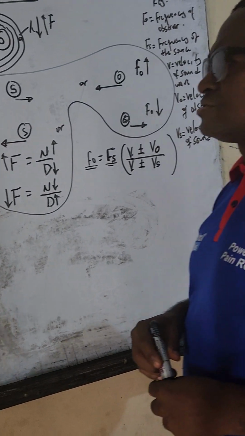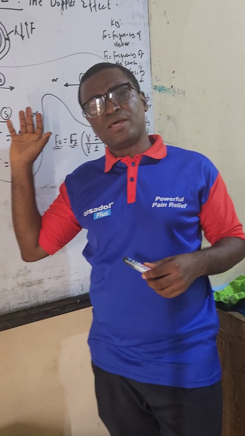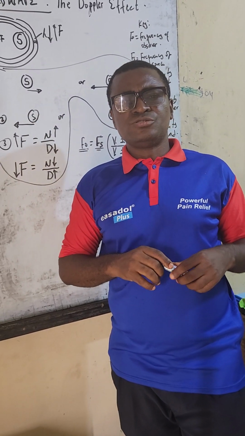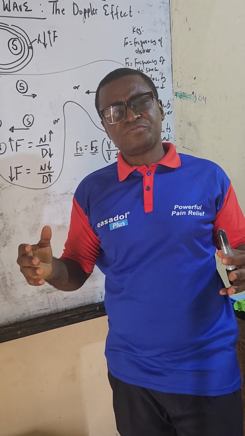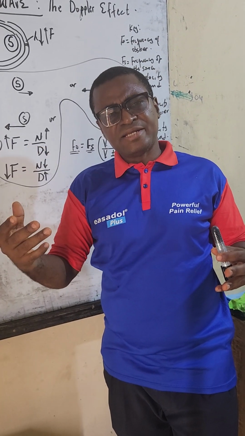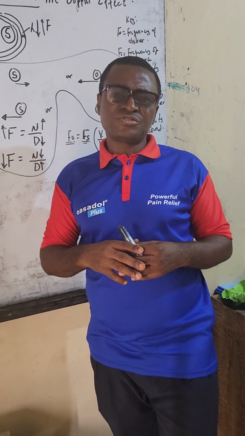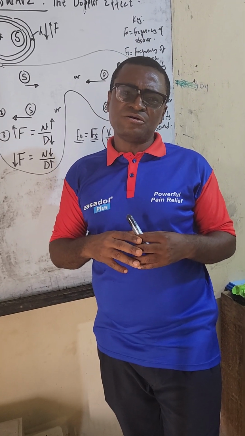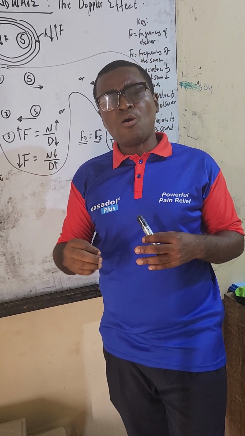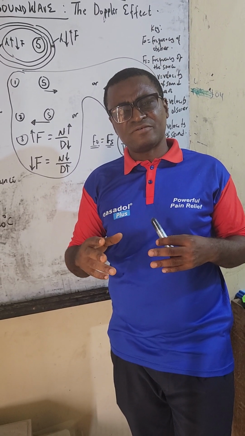Now, I want us to also recall that in solving the problem here, we should have the background of the definition of a wave. As a reminder, a wave is a disturbance that travels through a medium and transfers energy from one point of the medium to the other without permanent displacement of the particles of the medium itself.